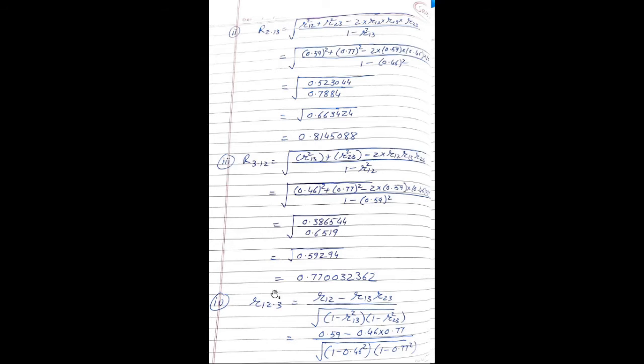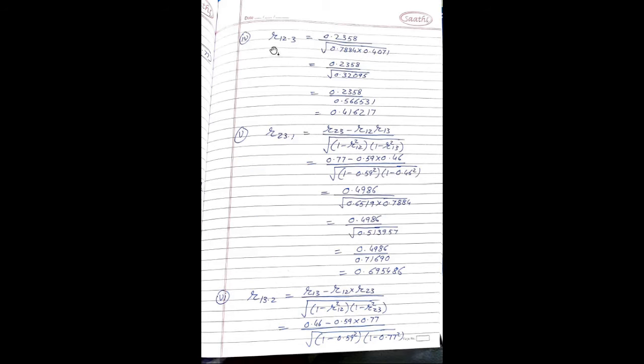Now we will go for partial correlation coefficients. Small r 12.3 is equal to r12 minus r13 into r23 divided by square root of 1 minus r square 13 into 1 minus r square 23, which is equal to 0.59 minus 0.46 into 0.77 divided by square root of 1 minus 0.46 square into 1 minus 0.77 square.